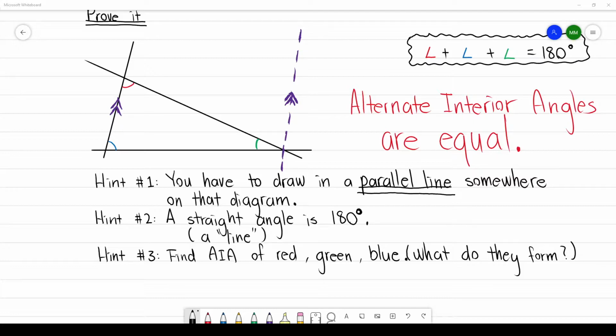Nobel, what do you think? Why are they 180? Oh, wait, not green.